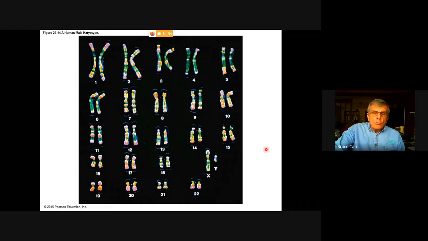When the egg is formed with a complete half set, so it has 23, fertilization will produce, again, in the fertilized egg, a karyotype just like this, unless it could be XX instead of XY. But that balance is very important in humans.